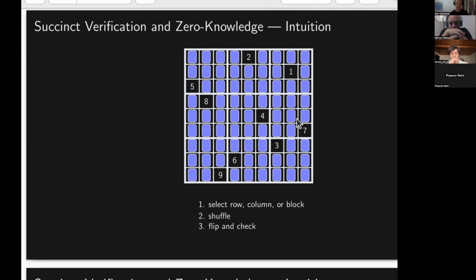And so what we do in order to make this check robust is we repeat this protocol. After you check that the numbers 1 through 9 are there, you give the cards back to me. I shuffle them again, and looking at the face where the number is drawn, I put them back in the right place. So this captures the intuition of zero knowledge, because you learn nothing about my solution because you're forced to shuffle.